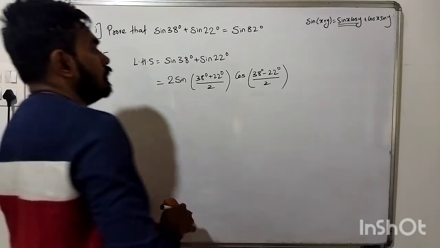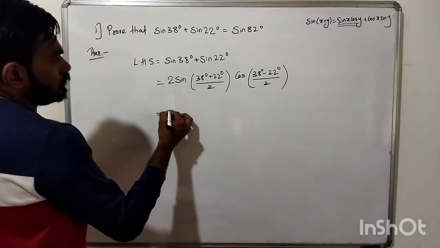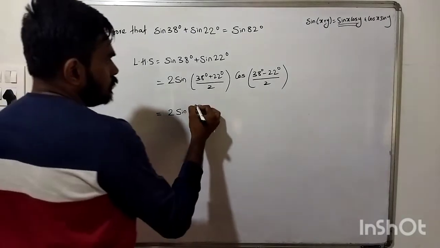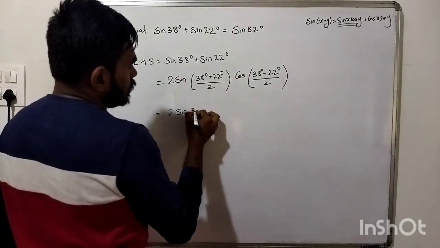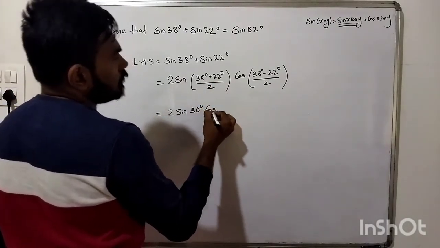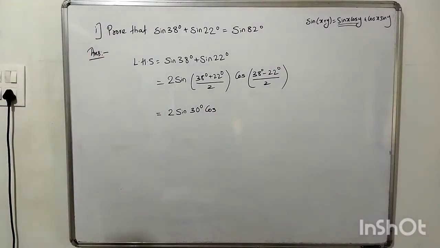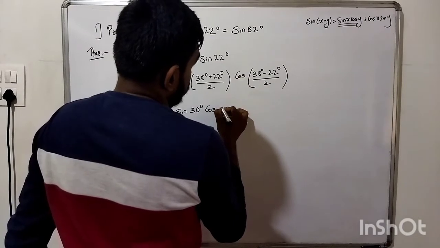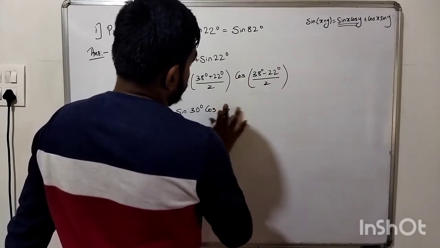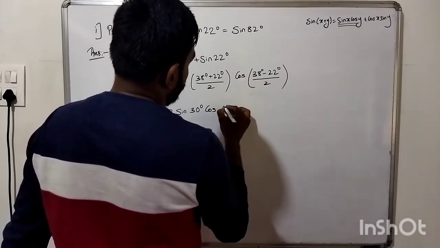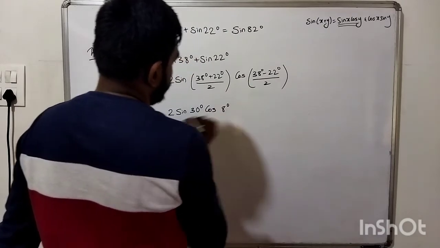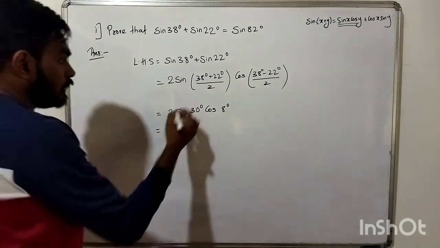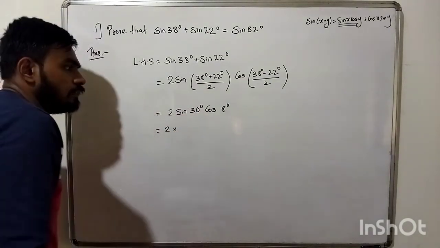Now simplify this. 2 sine of 38 plus 22, so 60 upon 2, which is 30, and cos of 38 minus 22, which is 16, upon 2, which is 8. Now sine of 30 degree, as we all know, is what?